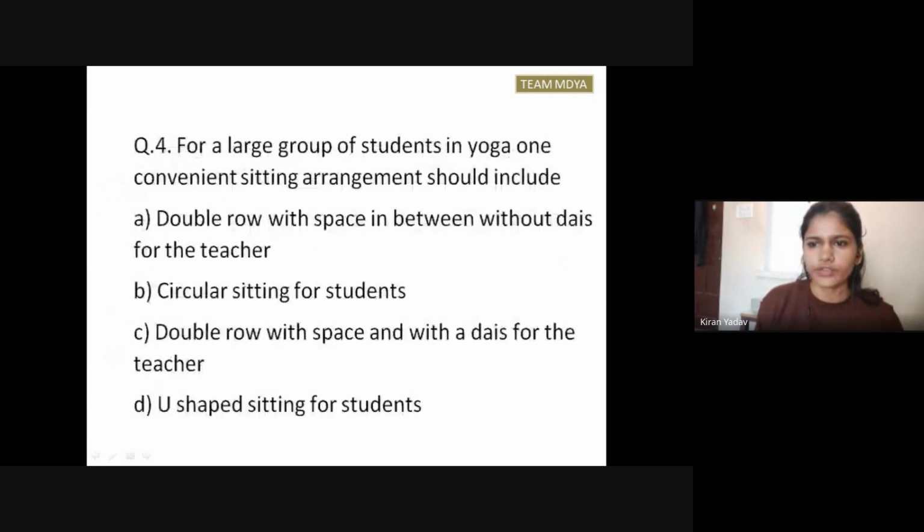For a large group of students in yoga, one convenient seating arrangement should include: This question is asked from the sitting arrangement topic. Double row with space in between without dais for the teacher, or circular sitting for students, double row with space and with a dais for the teacher, U-shaped sitting for students.